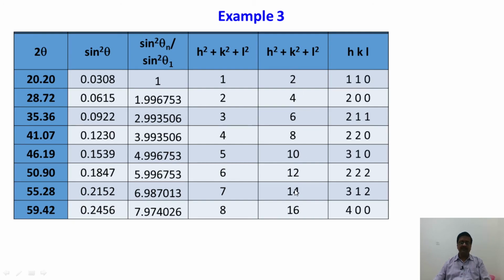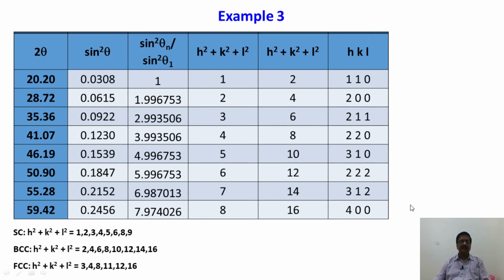So 7 becomes 14, and then this series of numbers now can be converted to HKLs logically, with H, K and L being integers. So these integers then represent the corresponding indexing of those reflections. So the planes appearing at different 2 theta values will have these HKL values as indexing.